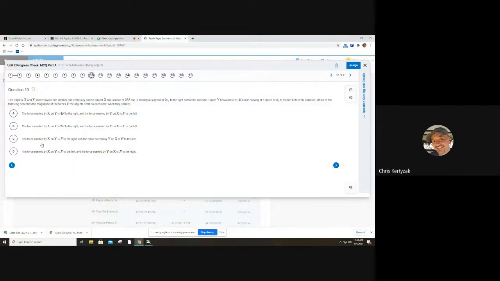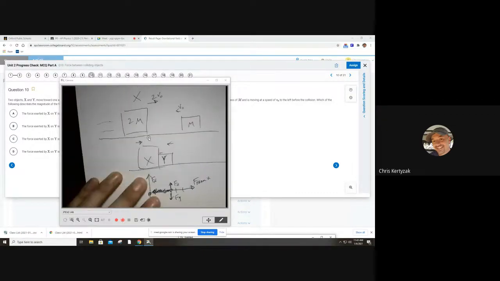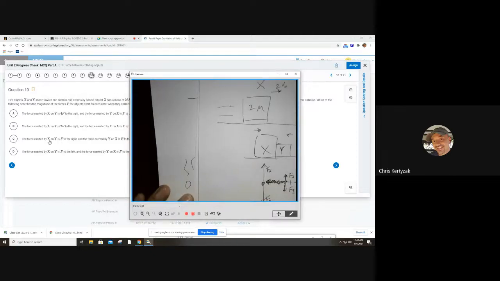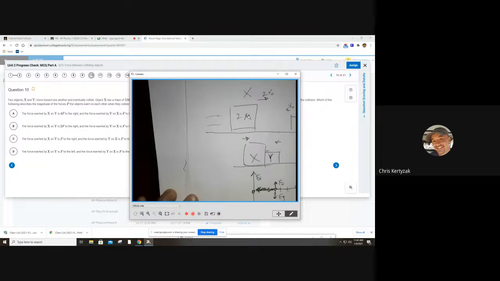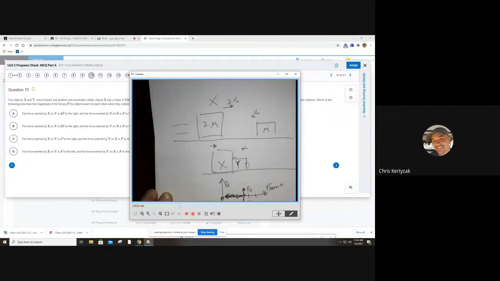Why are these different? The force exerted by X on Y is F to the right. Oh, I have to look more at the picture. My apologies. Where's my picture? Gotta make sure that it's in agreement with this. So move this over. The force exerted on Y, so Y feels a force which way?